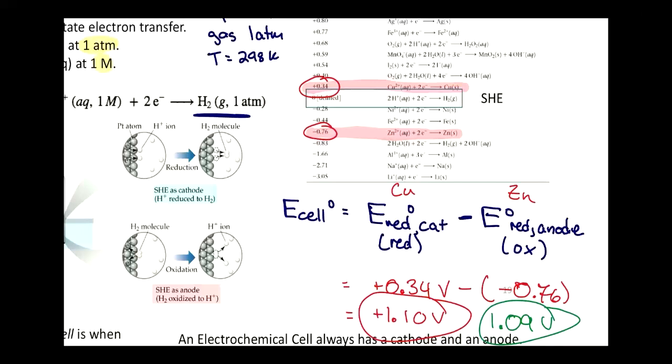To put that into perspective, a standard AA battery is about 1.5 volts. Your outlets are 120 volts.